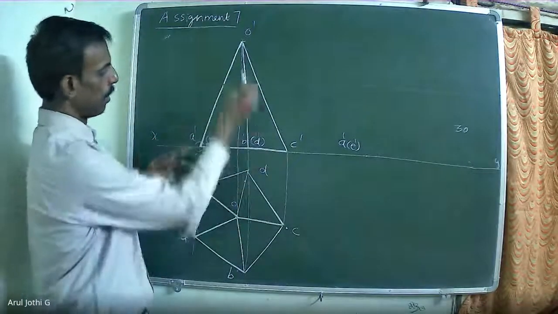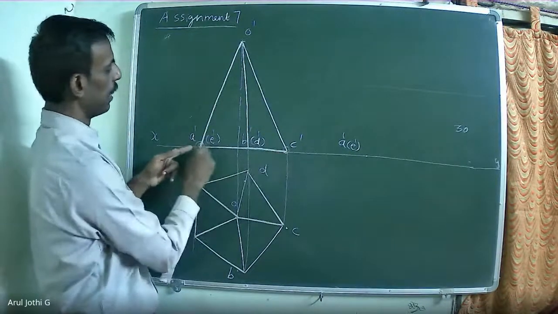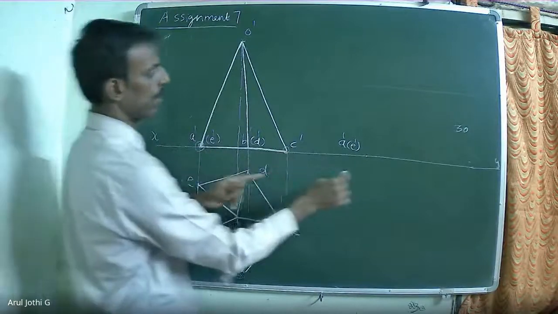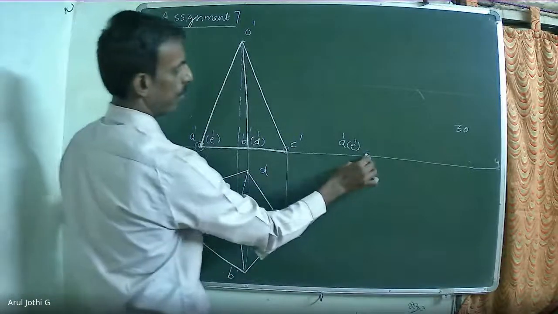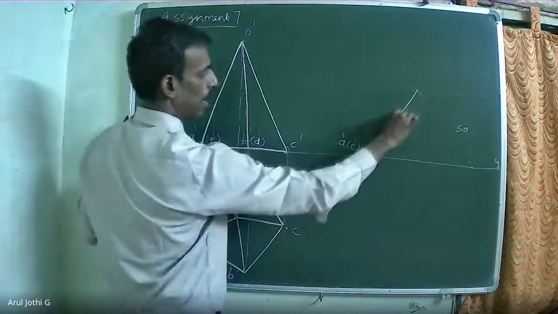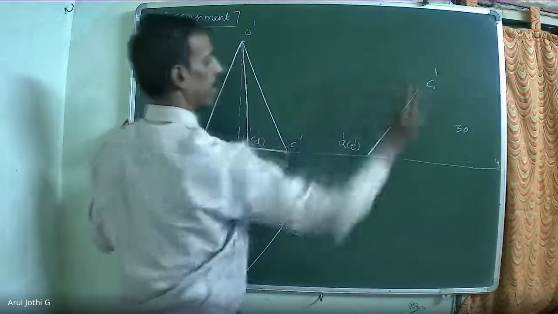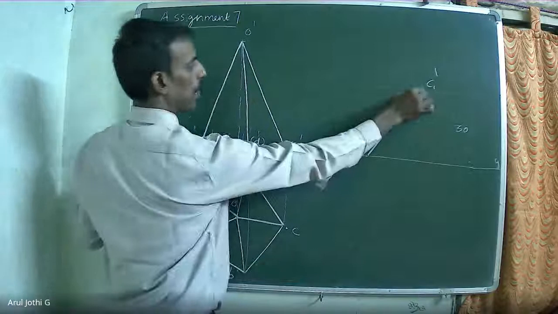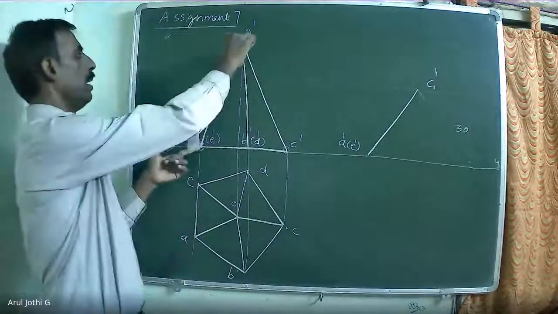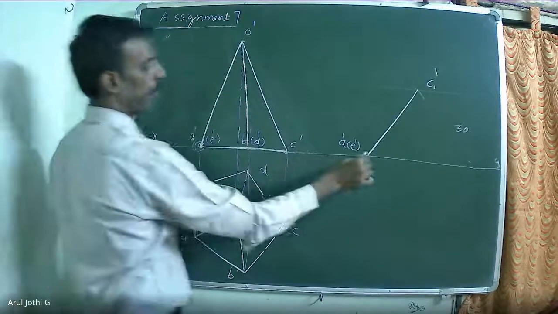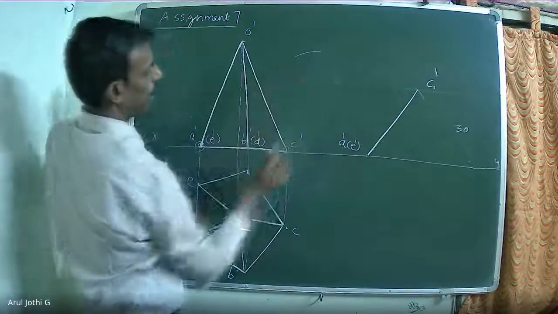Now just rotate this base with the radius A dash C dash. From here you draw the arc. Okay, so the corner point C will be here. Now this corner point C is lifted to the height of 30 mm above the base. Now take the radius A dash O dash. From here with A dash O dash, draw the arc.